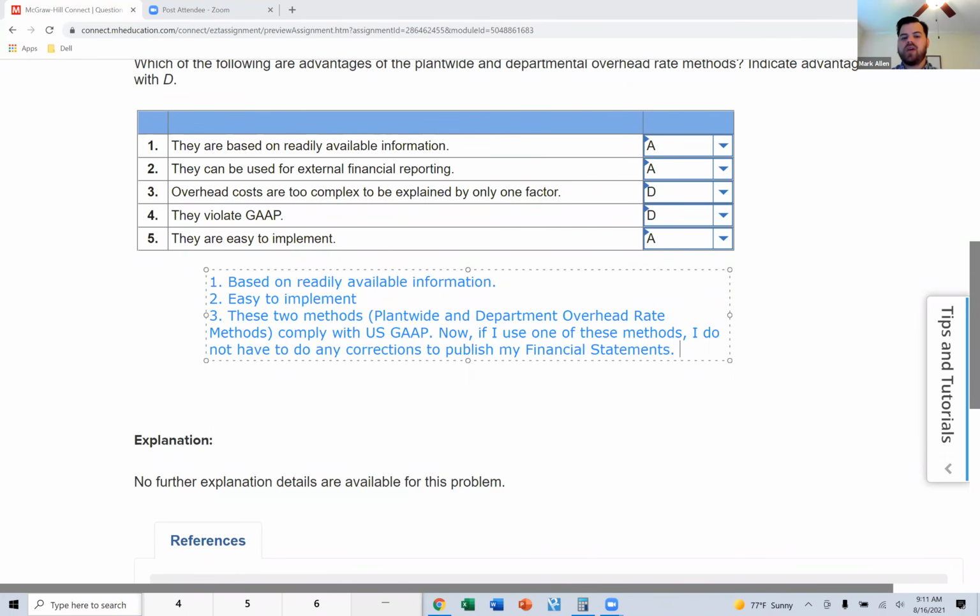But that's one of the huge advantages for these more simple methods, the plant-wide and the departmental overhead rate, is that they do comply with US GAAP. Now, in this class, this being an intro class, I'm not going to get super technical with why these 2 methods do comply and why activity-based does not.